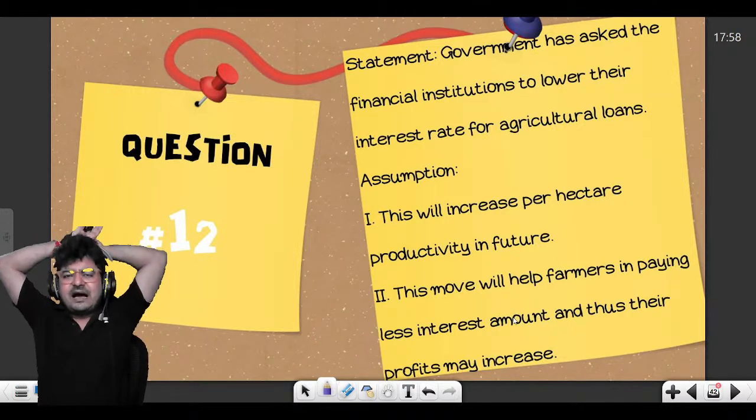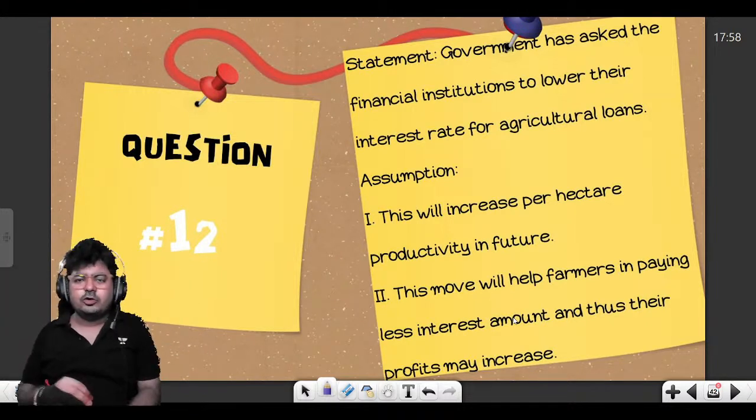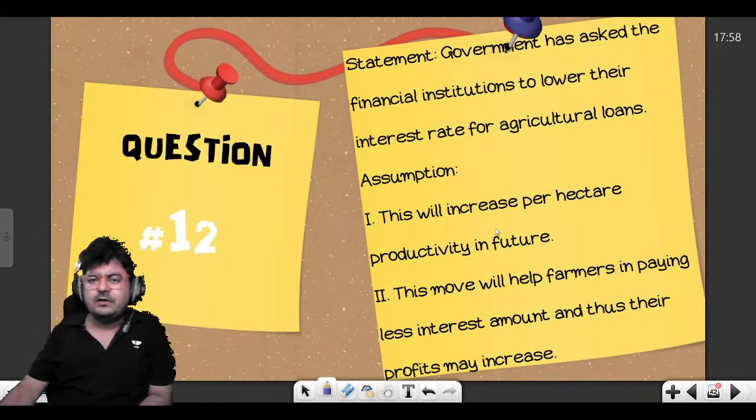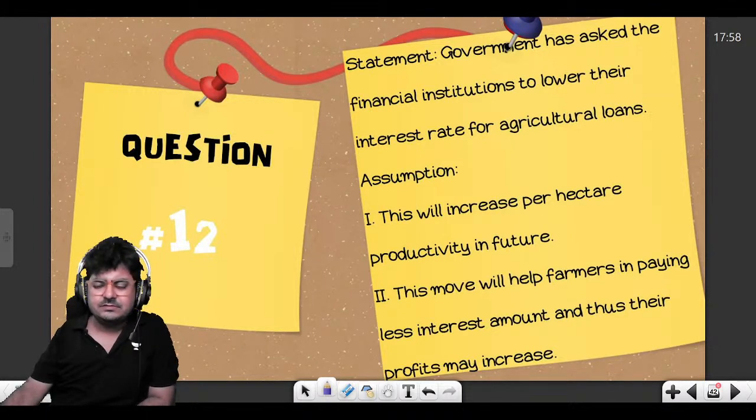Statement: Government has asked the financial institutions to lower their interest rate for agricultural loans.